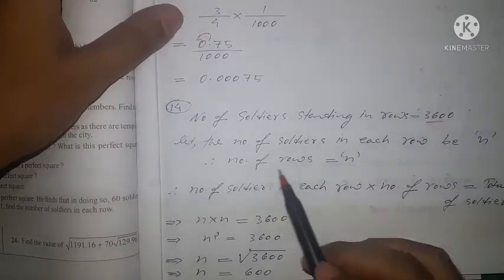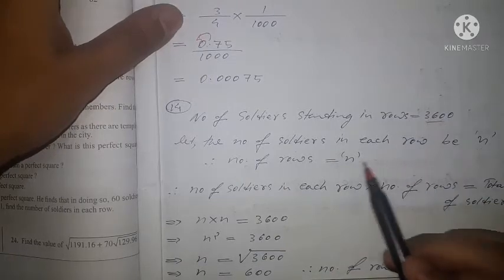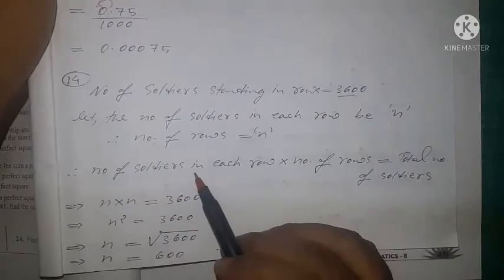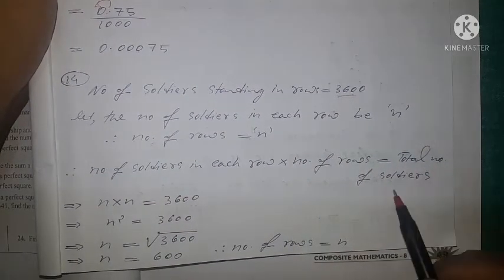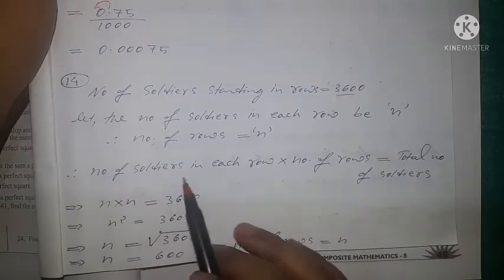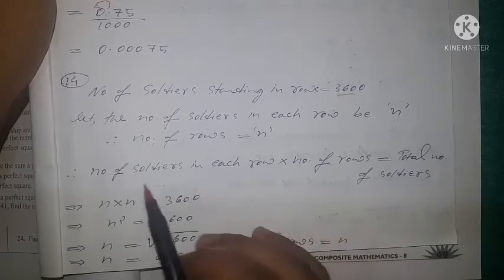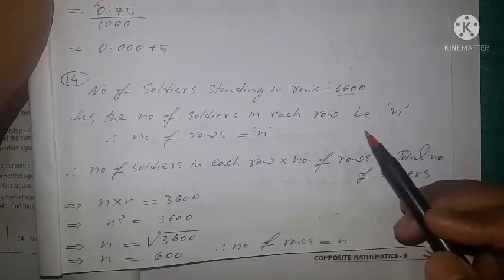So the number of rows and the number of soldiers in each row is the same. So let us take this as n. Therefore the number of soldiers in each row into the number of rows equals the total number of soldiers.